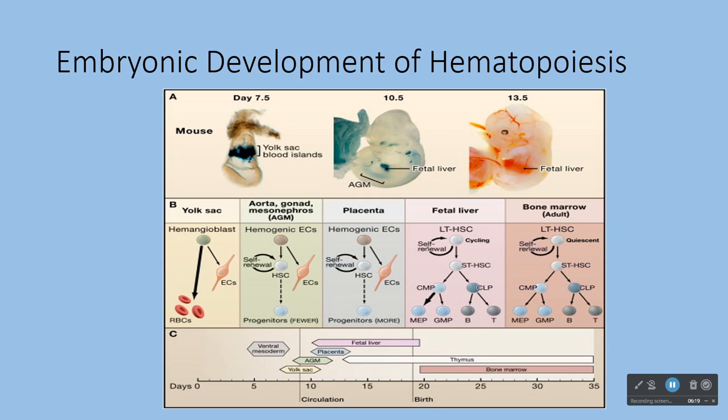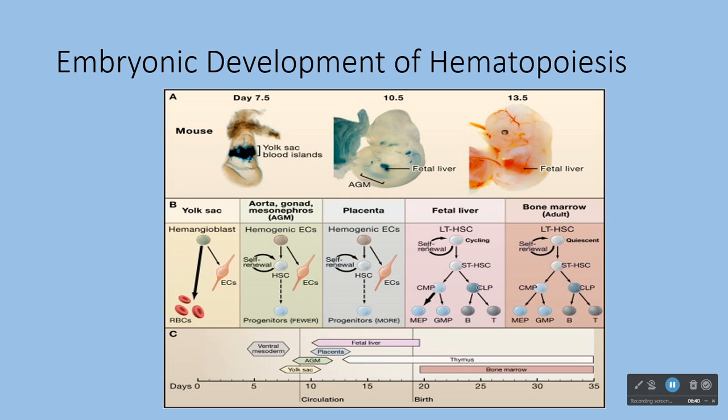So this area, the AGM, picks up hematopoiesis at the next level, as the baby is maturing. Now at this level, we still have red cells, and then we start actually making some primitive white cells, okay? They're very similar to lymphocytes, but not quite.